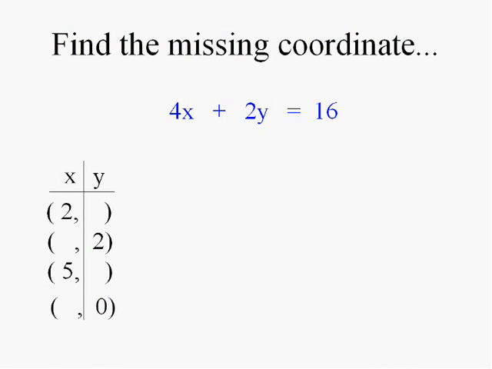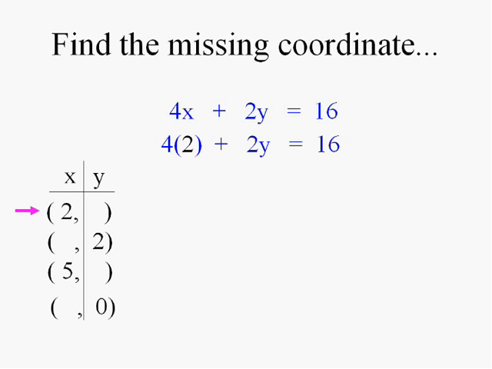Now what am I going to do? We've been showing you that some fit and some don't fit. You can make them fit. For instance, if I give you the coordinate 2 for X, you can find the correct Y to make it fit. What will I do? I'll put a 2 in for X and then I'll solve the equation for y.